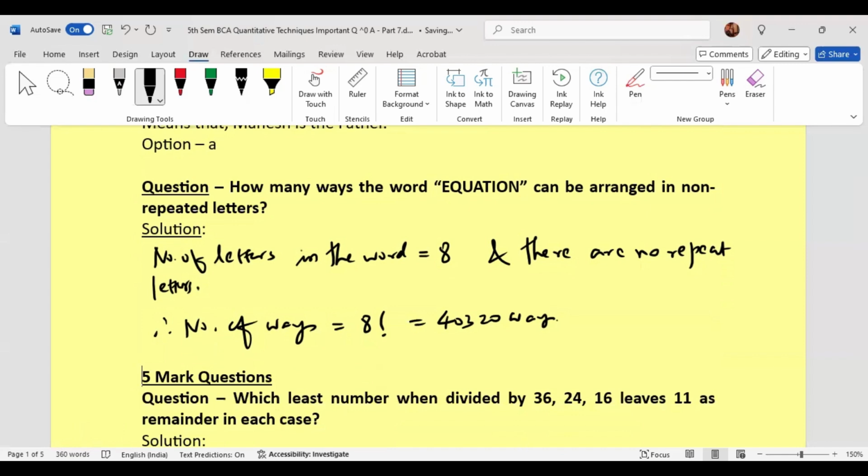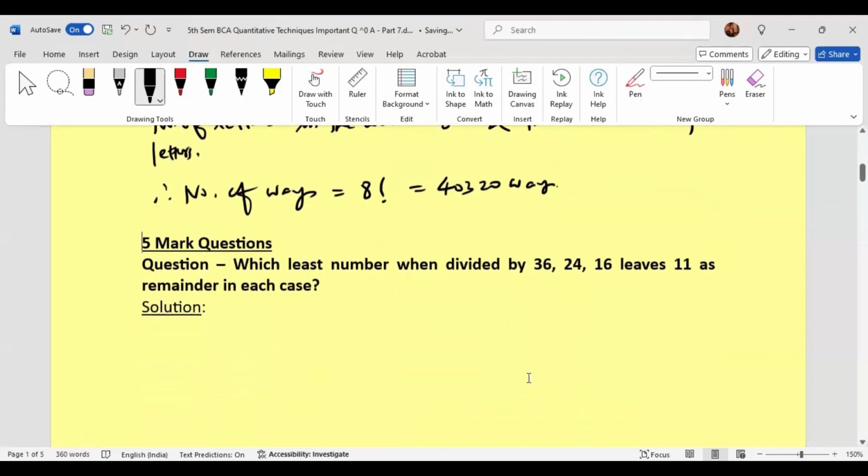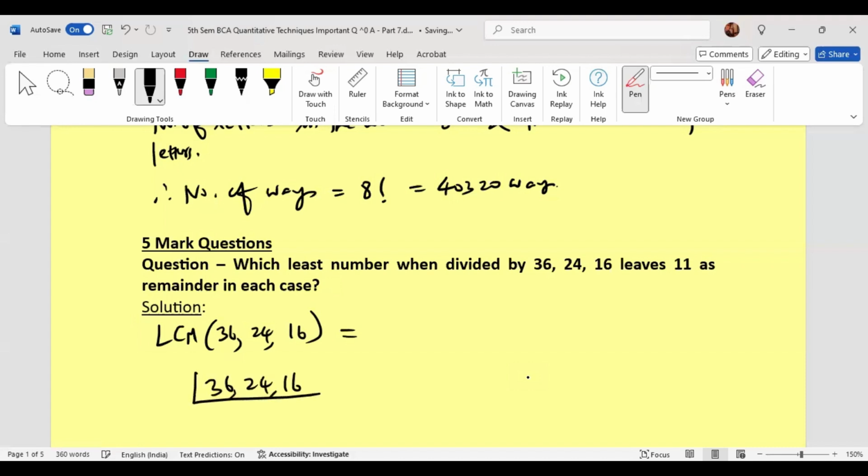It's a 5-mark question. Which least number when divided by 36, 24, 16 leaves 11 as remainder in each case? For this, we need to find the LCM of 36, 24, and 16. We will use the common division method. 36, 24, 16, all are divisible by 2. So 2 18s are 36, 2 12s are 24, 2 8s are 16.